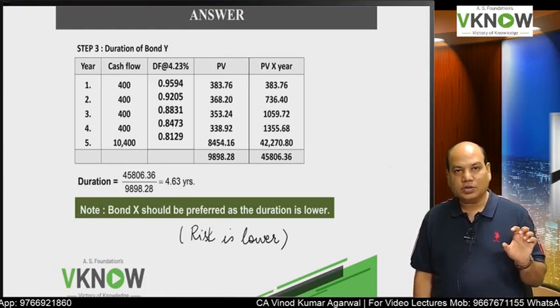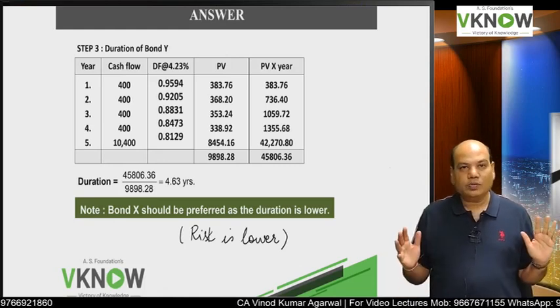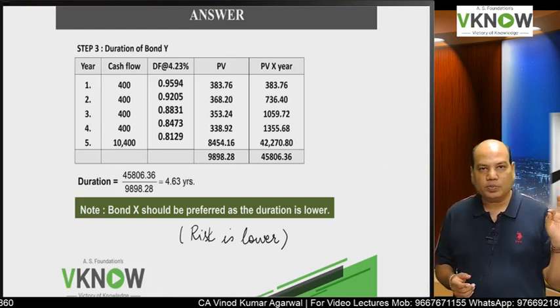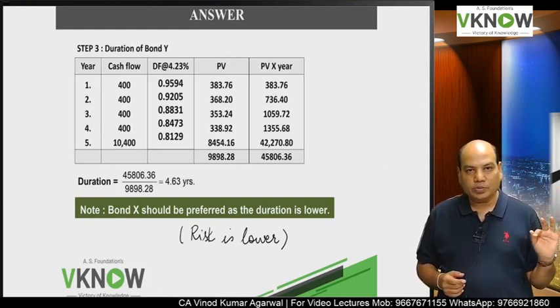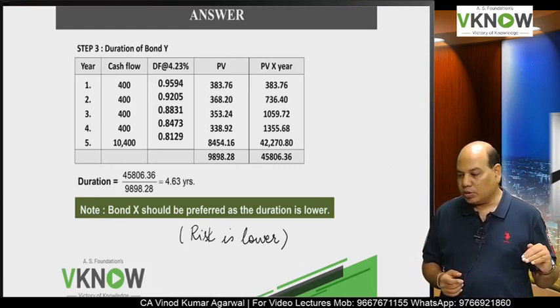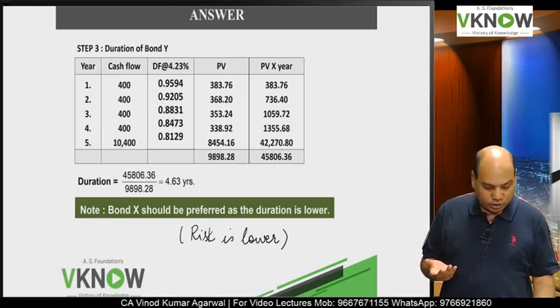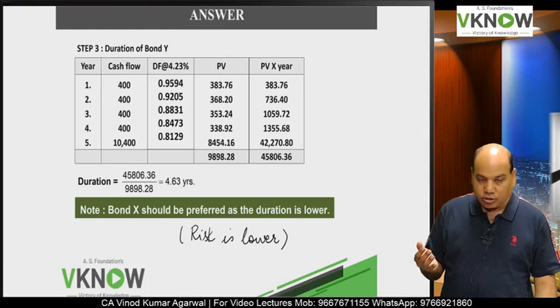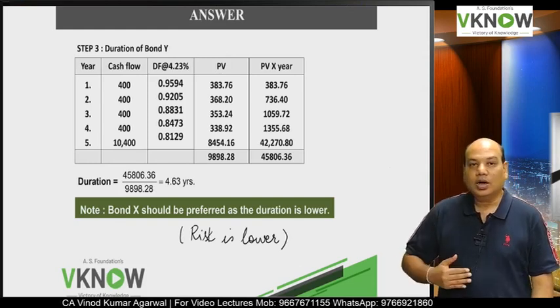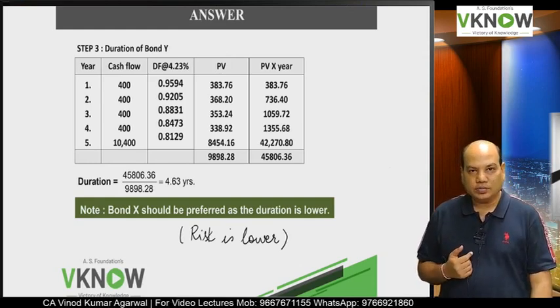Now in this question, actually we don't have to compute duration because we have seen one of the properties of the bond, that the bond with lower coupon will have higher duration. This bond Y has lower coupon, and that is why it has got higher duration.